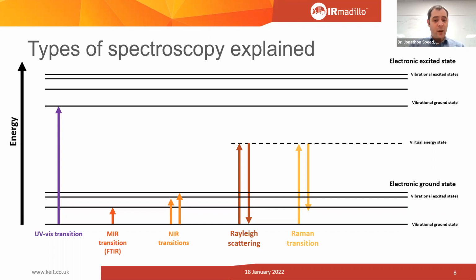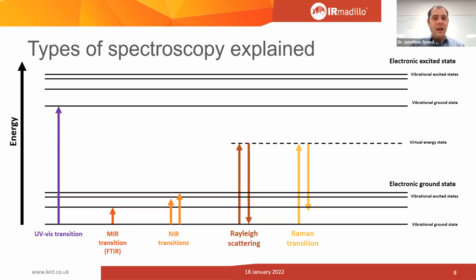We have the same thing going on for mid-infrared, but instead of electrons in the molecule moving around, it's actually the vibrations of the molecules. Molecules are not static blobs. They are constantly vibrating. All chemical bonds are constantly vibrating and rotating and moving around. They're not stationary at all.